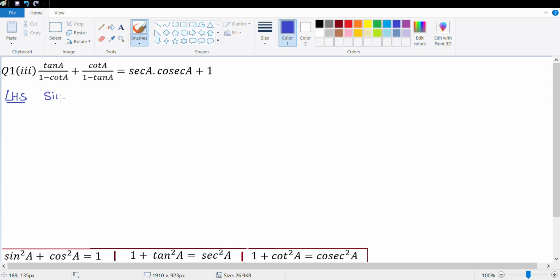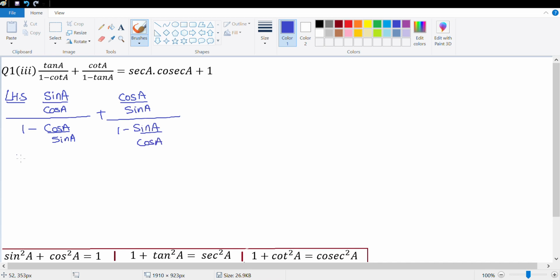So this becomes sine A upon cos A, everything divided by 1 minus cos A upon sine A, plus this becomes cos A upon sine A, everything divided by 1 minus sine A upon cos A. Let's take LCM.